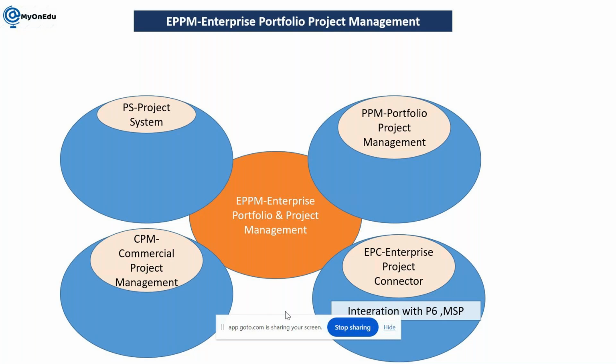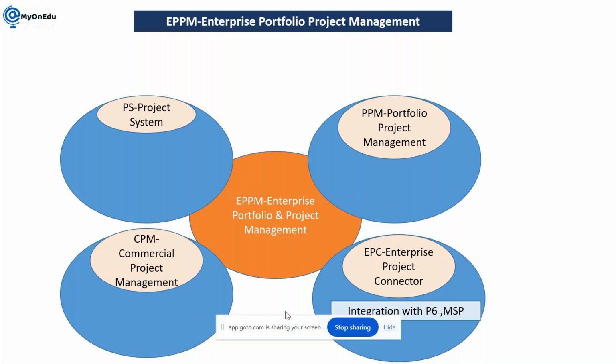PPM, around 2009, okay, the module name was XRPM, Accelerated Resource Portfolio Management, which was basically implemented to manage your resources in the organization. Okay, and CPM was mainly focusing on commercial type of projects.